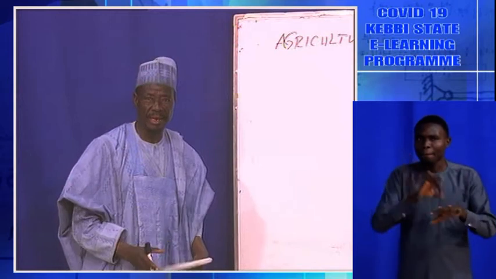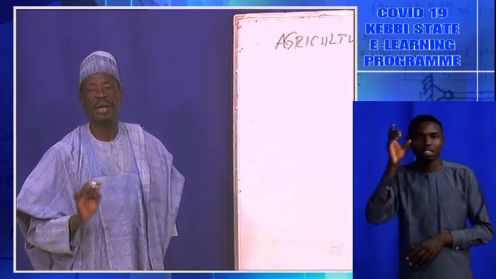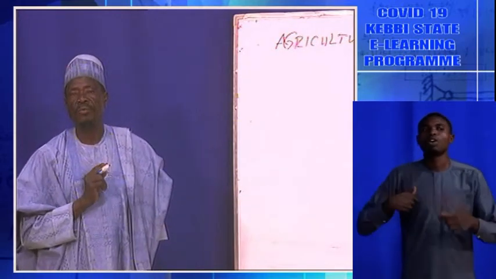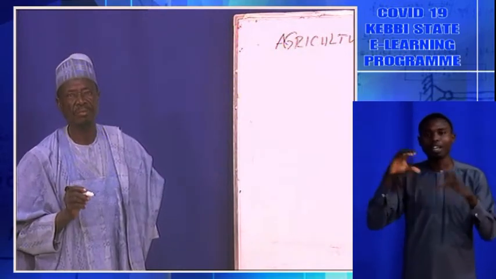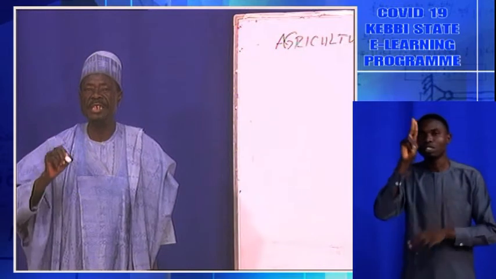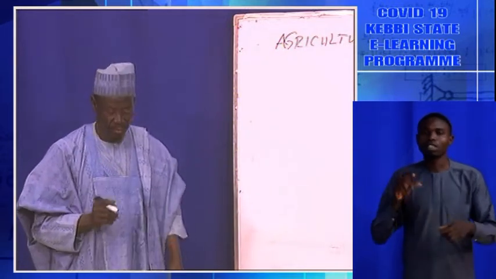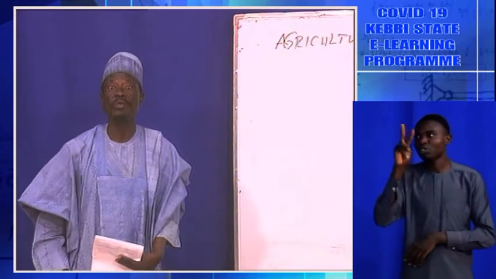Next again, they are also classified in terms of habitats, where we have aquatic animals. Those that live in water are called aquatic animals. The next one is the types of stomach.